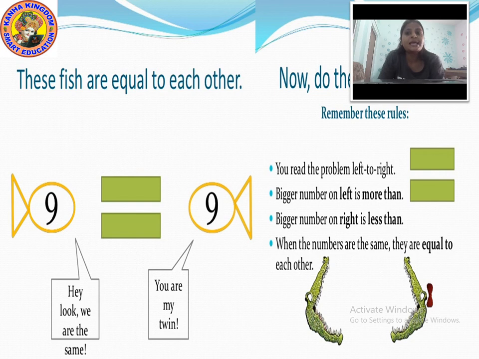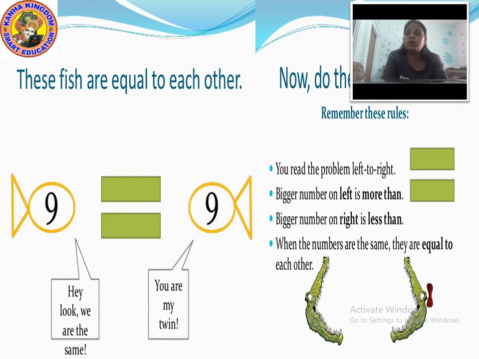No one is greater and no one is less. So 9 and 9 are the same number, so they are equal to each other. 9 is equal to 9.